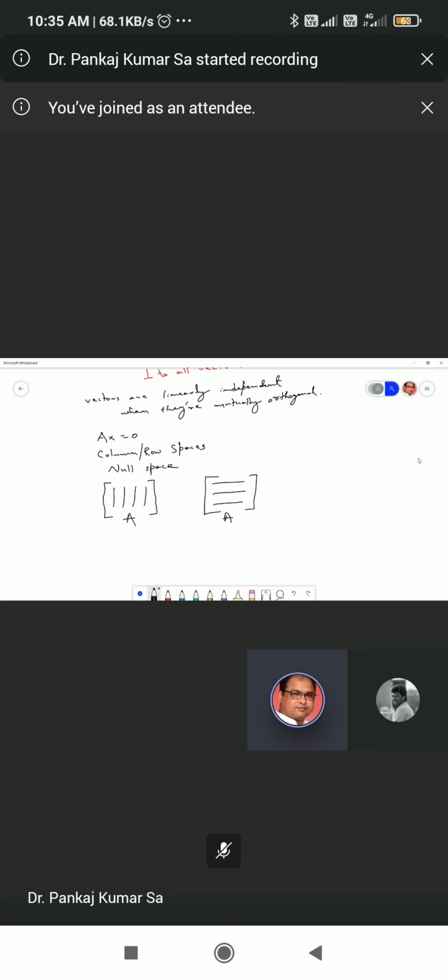Now let us just analyze this. A times X, and let us say this is equal to 0. 0 means what? This is 0, right? And this is first value, second value, this is nth value.